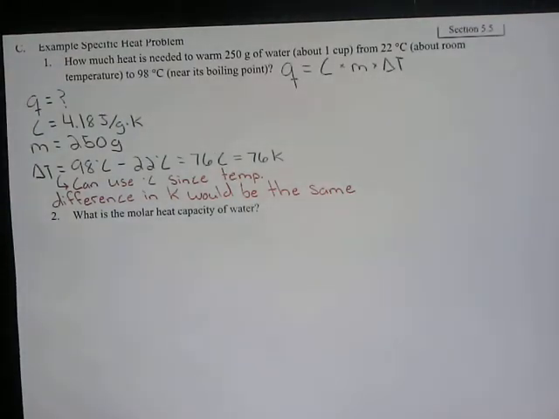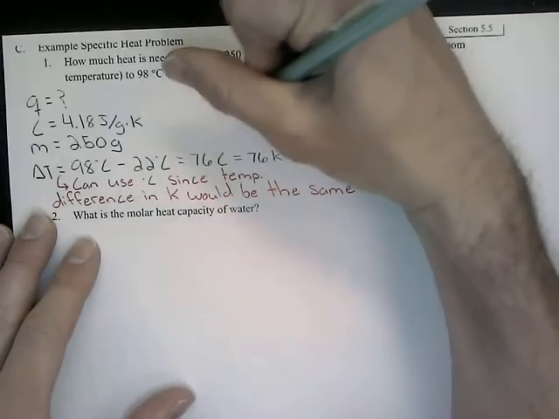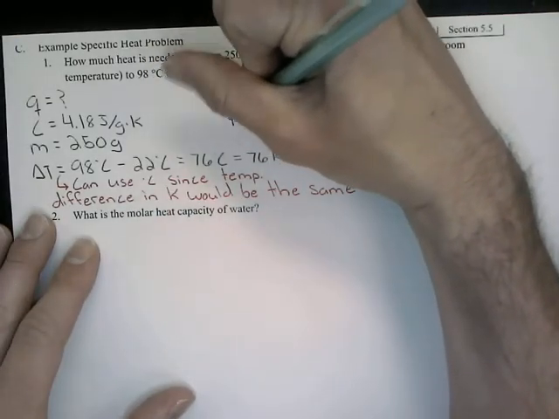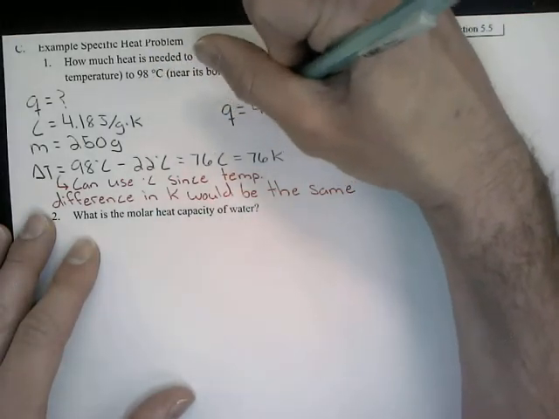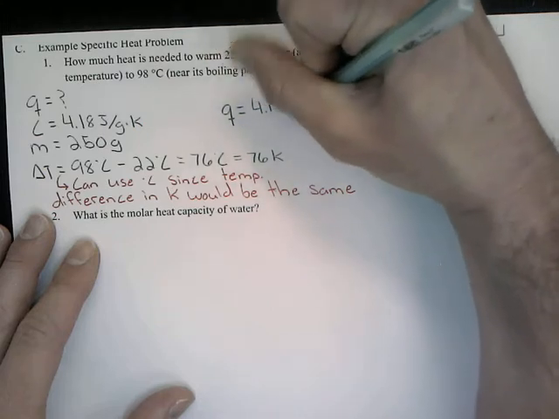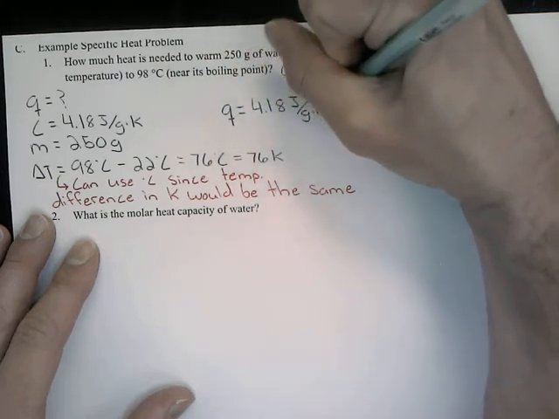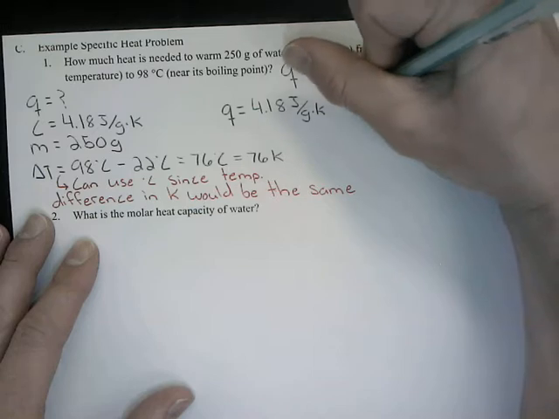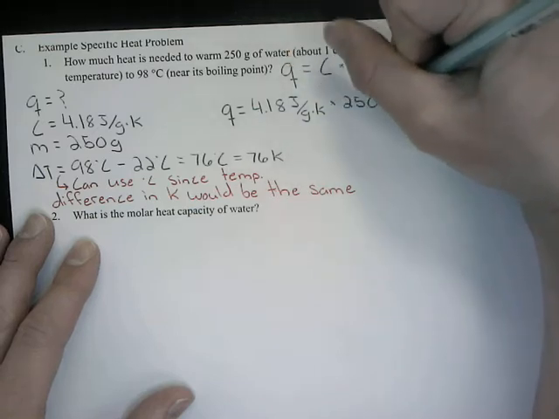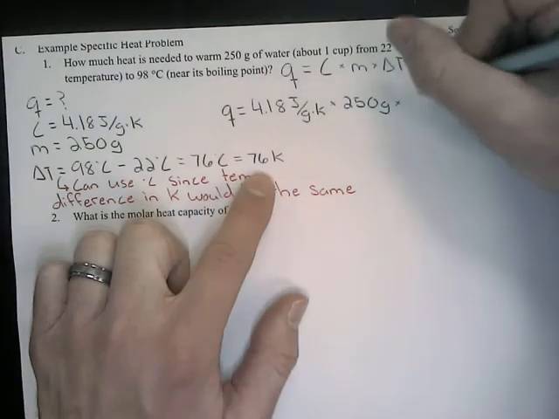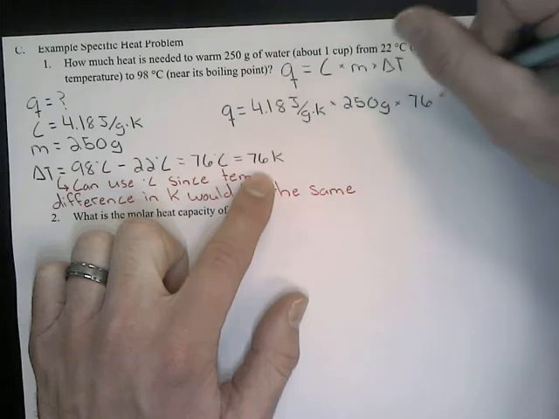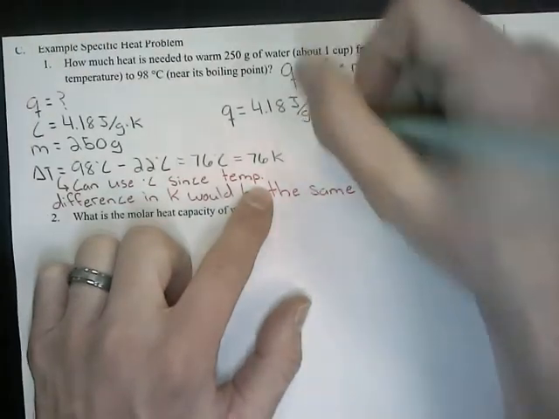Now we have all the players of the game, and we can plug these values back in. So I'm going to write this here. We have Q equals 4.18 joules per gram Kelvin times 250 grams of water times our 76 Kelvin, which was the temperature difference, okay?